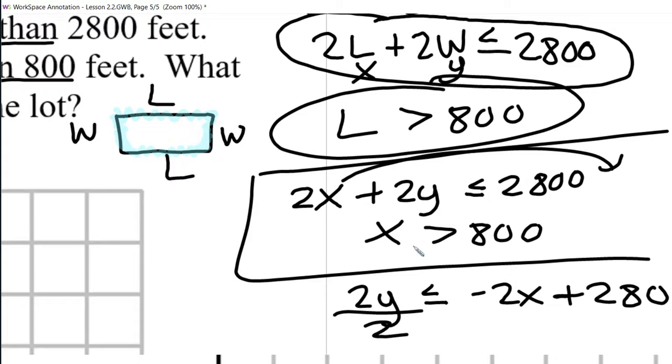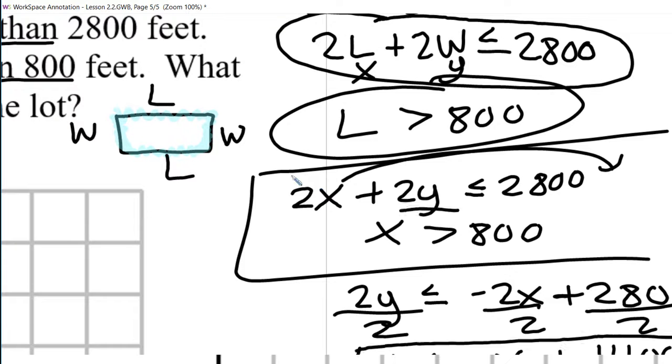Divide all three of these by 2. And we get y is less than or equal to negative x plus, what's 2,800 divided by 2? 1,400. So this one's ready to graph, and the second inequality is already set up.